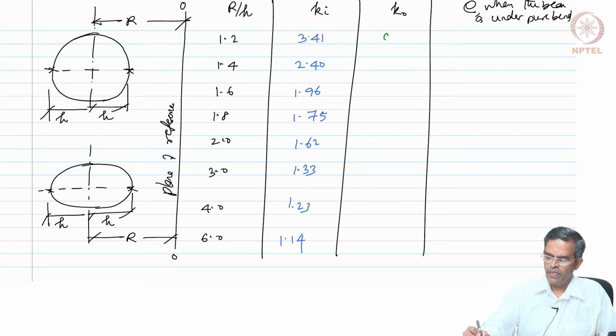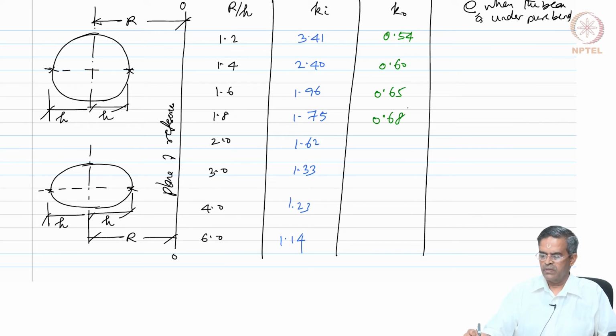Ko: 0.54, 0.60, 0.65, 0.68, 0.71, 0.79, 0.84, 0.89.